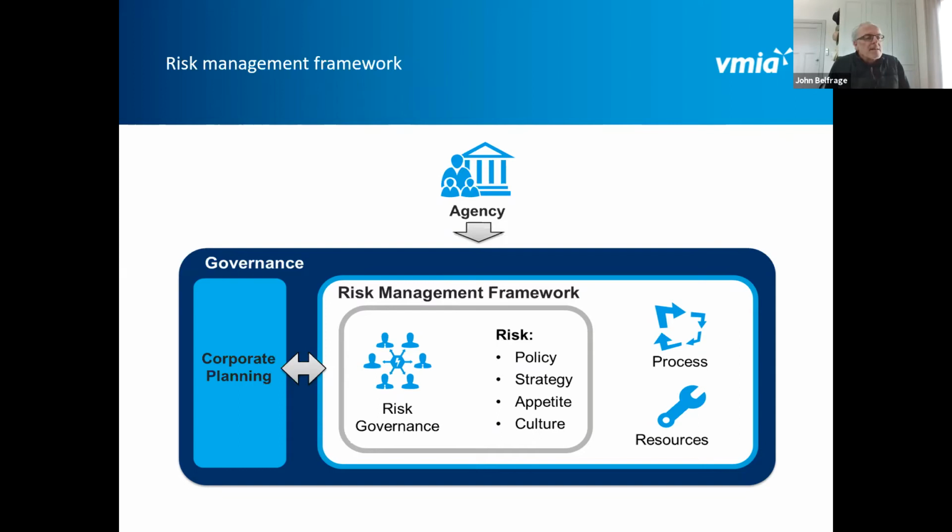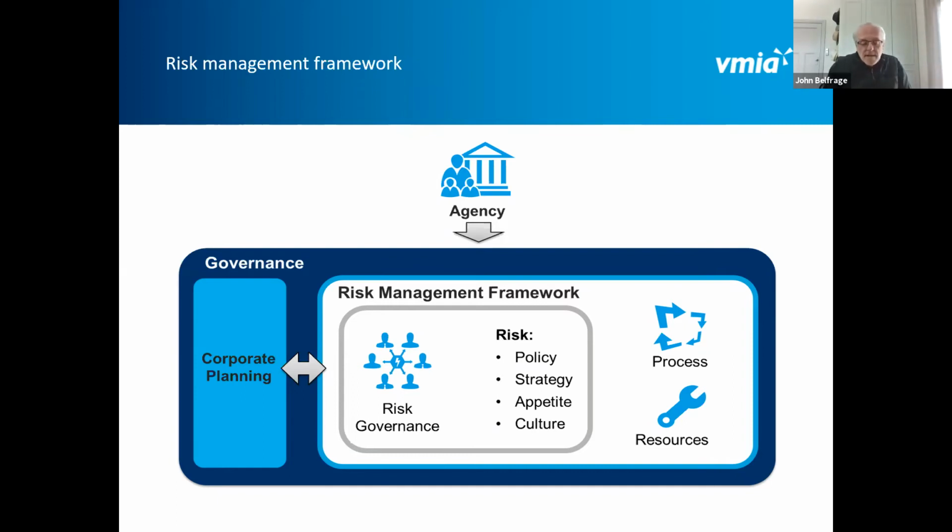And the relationship between risk management and strategic objectives is really important, and we've tried to depict that here in this diagram. And so the level at which objectives are first articulated in most agencies is at the strategic level by the board with input from the executive.